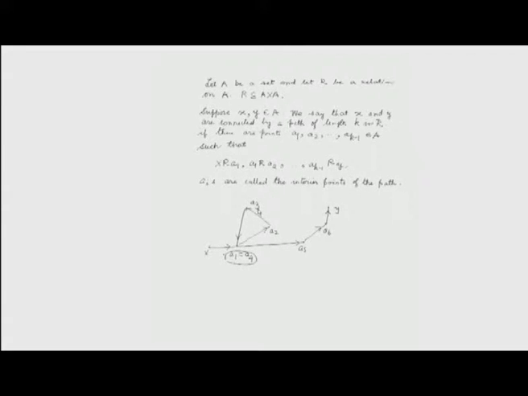Of course, we can cut this loop out, and we can have a path from x to y as x going to A1, then A1 to A5, then A5 to A6, and then to y.